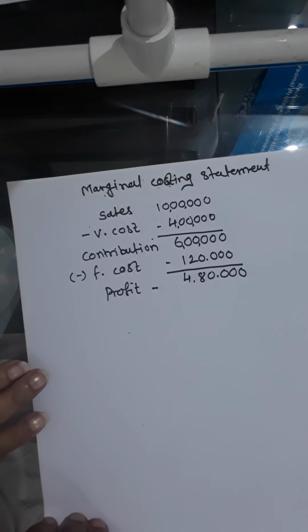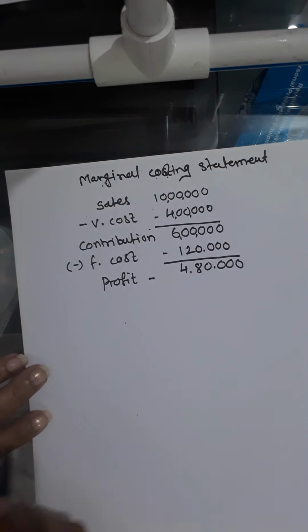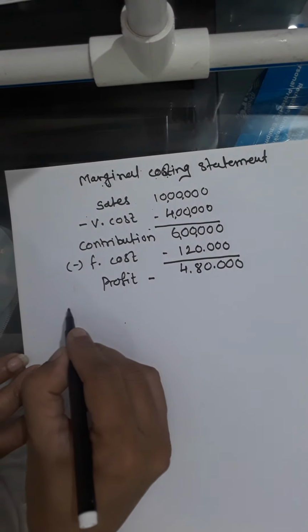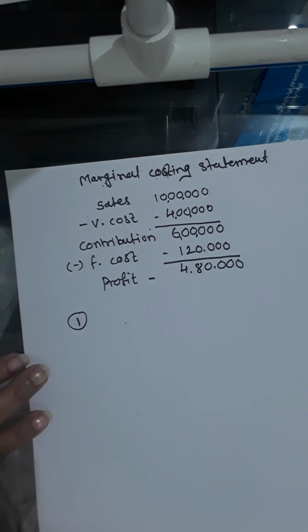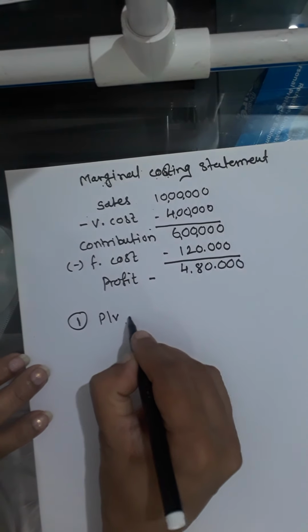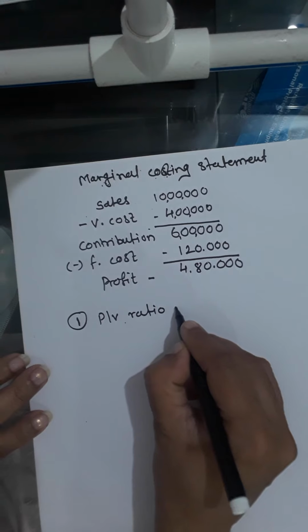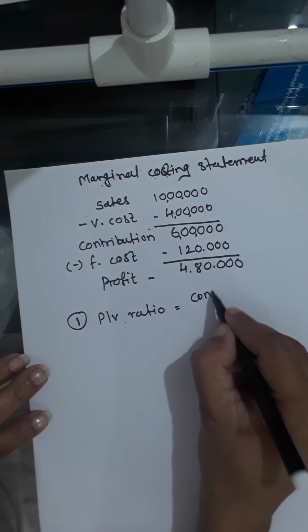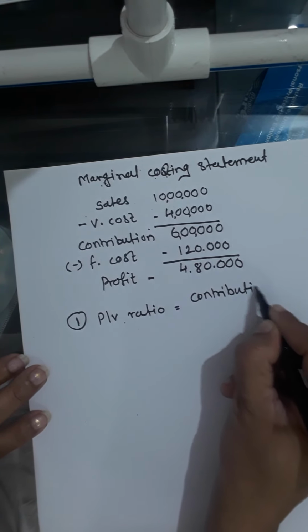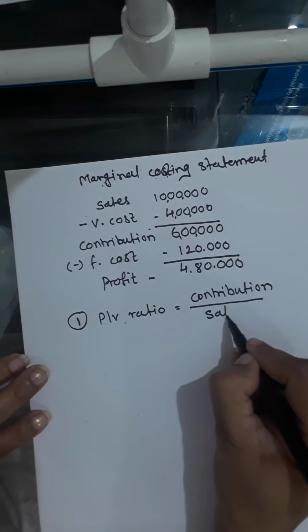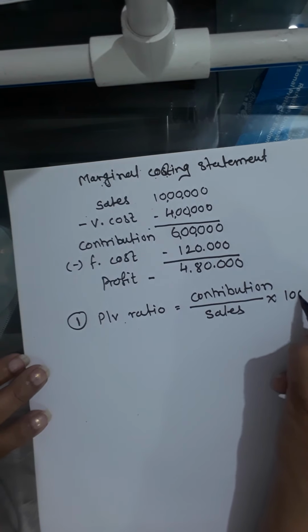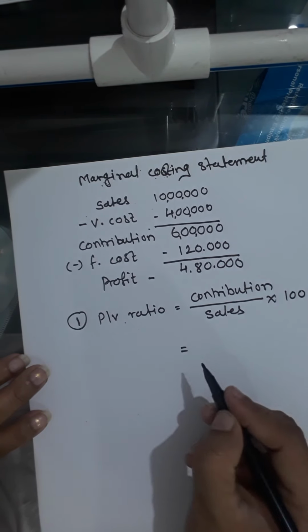Students, as you know, first of all we have to find out PV ratio. So we'll take the PV ratio formula first. What is our PV ratio formula? PV ratio is equal to contribution upon sales into 100. What is contribution?